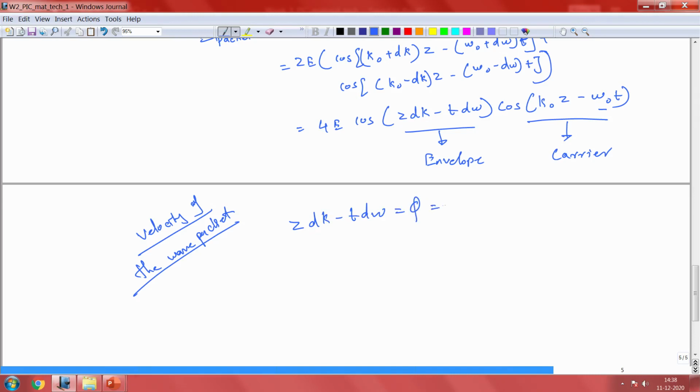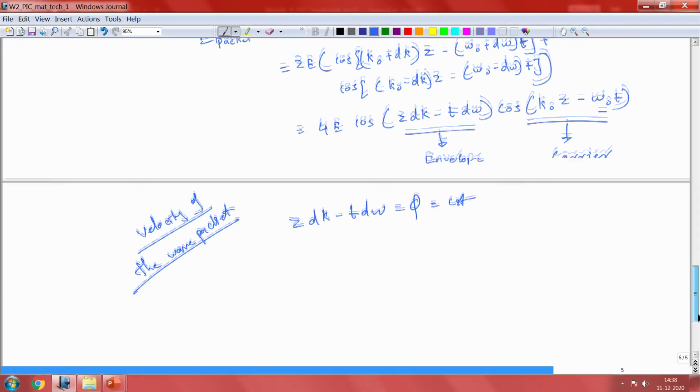We have seen that this should be a constant. Now let us find the velocity here, the group velocity in this case.